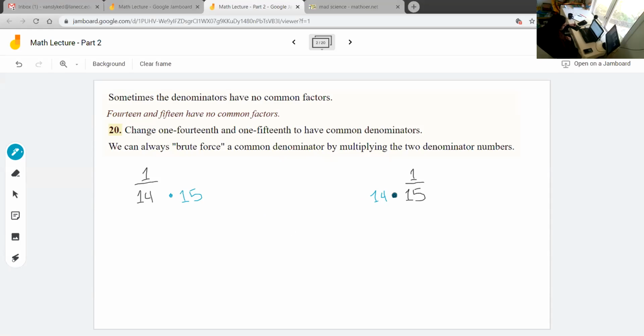If I do something to the bottom of a fraction, to be fair, I have to do it to the top. So now they are both 14 times 15. I might not know what 14 times 15 is, but that's okay. I know they match. Because whatever 14 times 15 is, it's there both times.